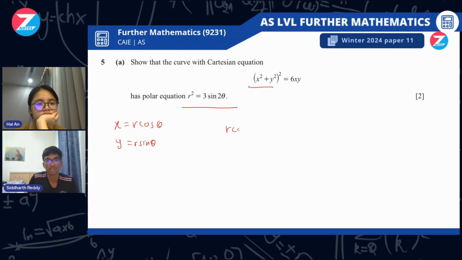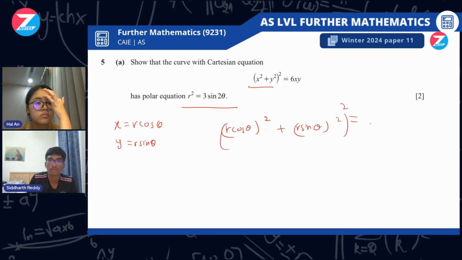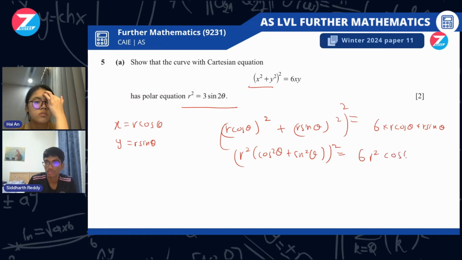So you have r cos theta squared plus r sine theta squared, whole squared, is equal to 6 into r cos theta into r sine theta. So this becomes r square into cos square theta plus sine square theta, whole squared. This becomes 6r square cos theta sine theta.